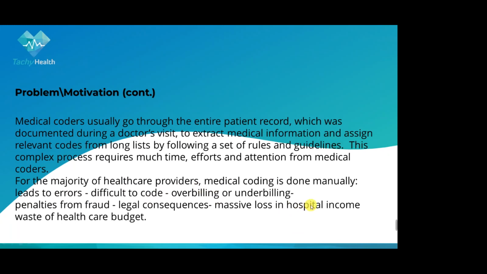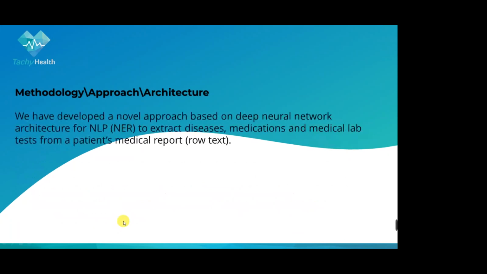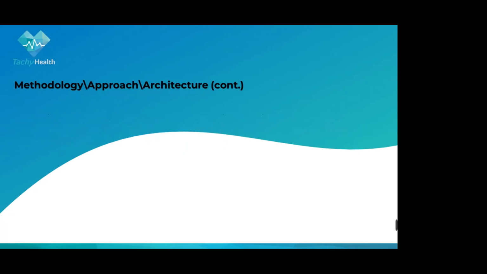Also, it can waste money and income for the hospital as well as the budget. So we have built a deep learning model based on named entity recognition that extracts diseases, medications, and medical lab tests from the whole medical report.